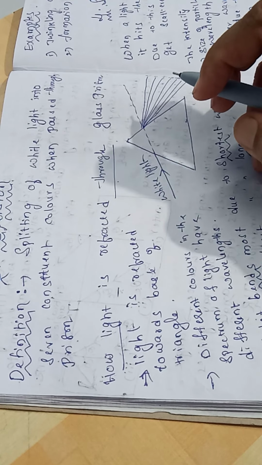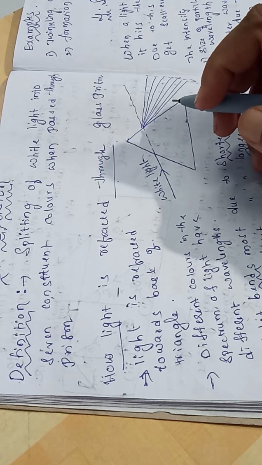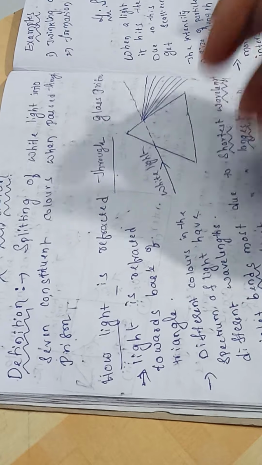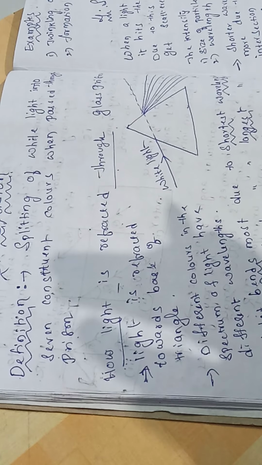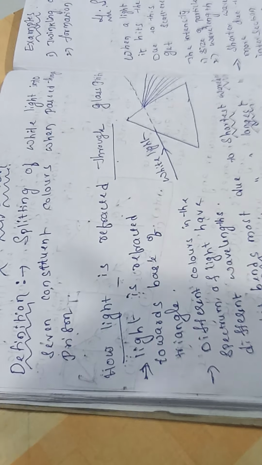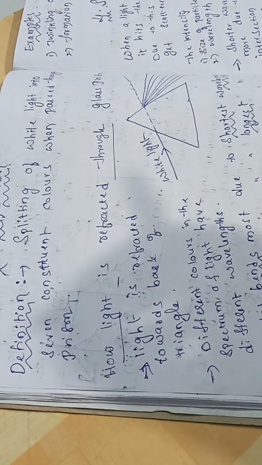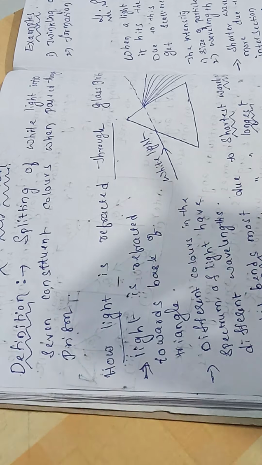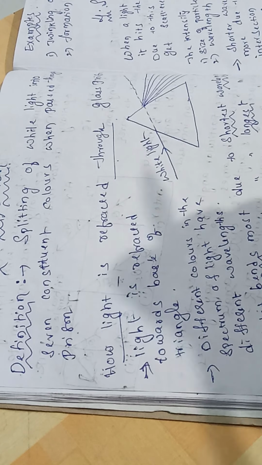Different colors of the spectrum of light have different wavelengths. Violet has one wavelength, red has another. So violet bends more because of its shortest wavelength. Red bends least due to its longest wavelength.